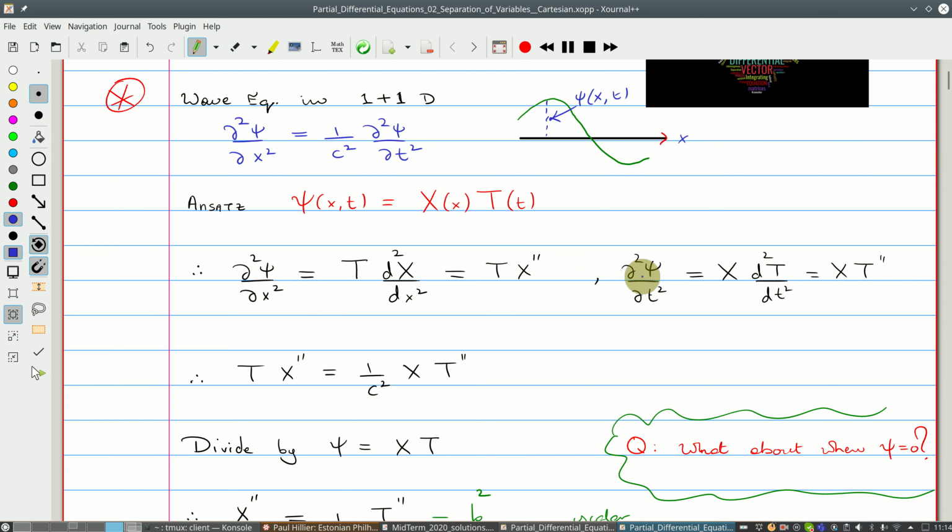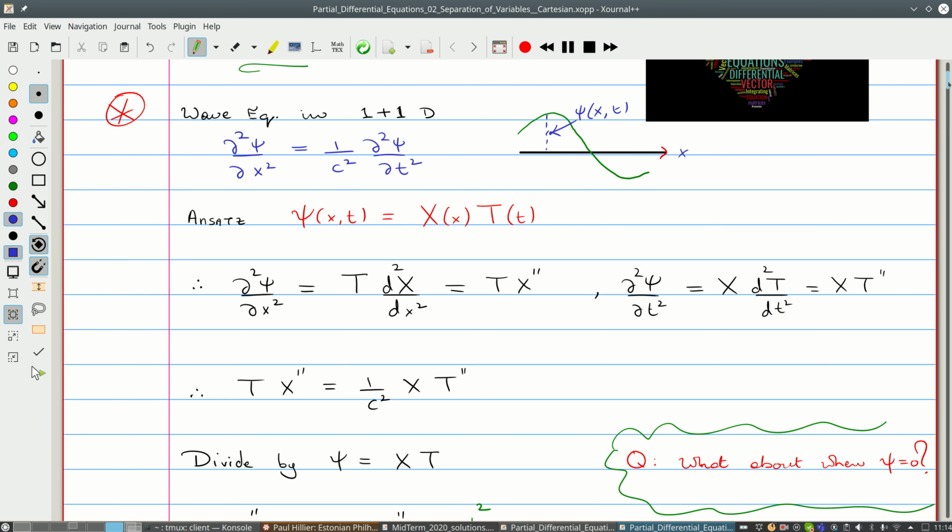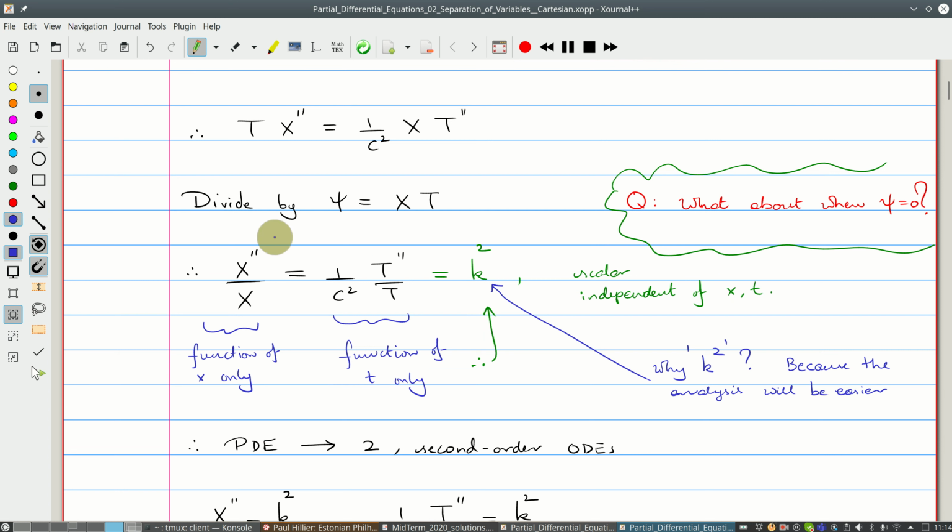In the same way, the second derivative of psi with respect to time can be written as capital X times T double prime. So our wave equation is then written as capital T times X double prime is equal to 1 over c squared times capital X times T double prime. Now we divide by psi equals XT, and that allows us to write the left hand side as involving x only.